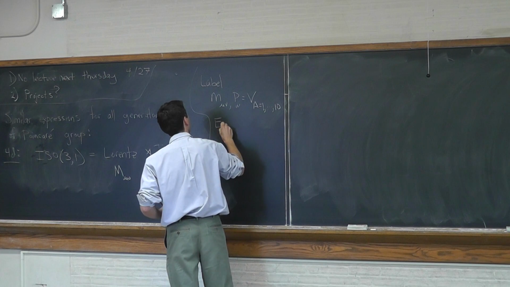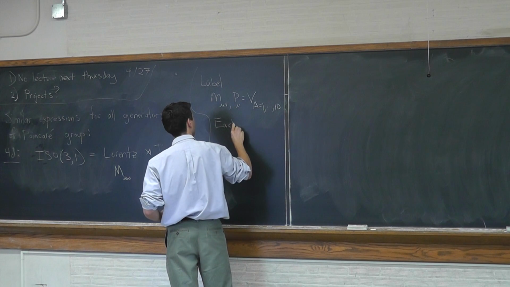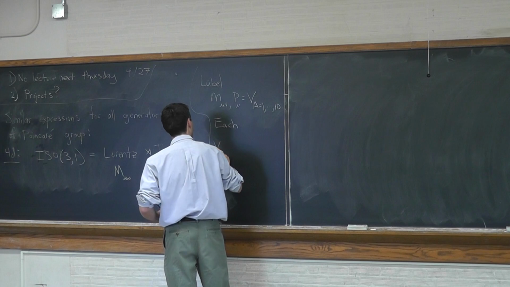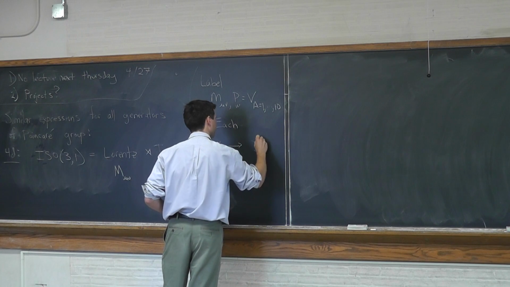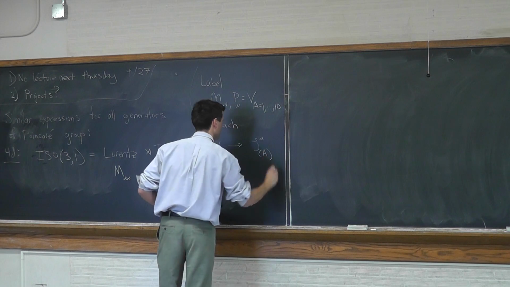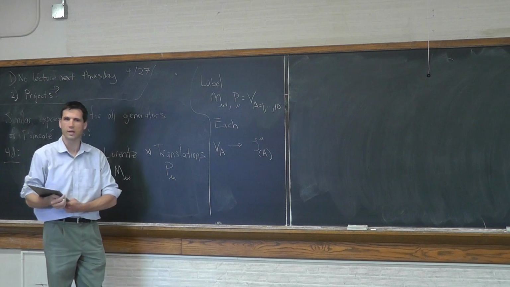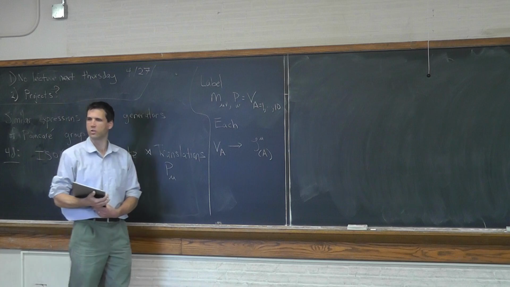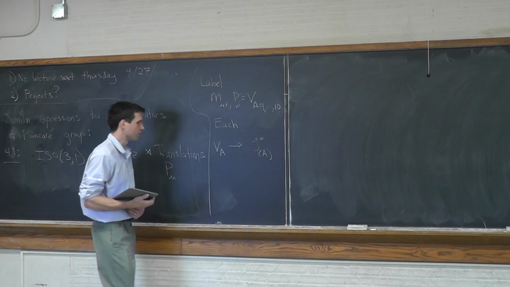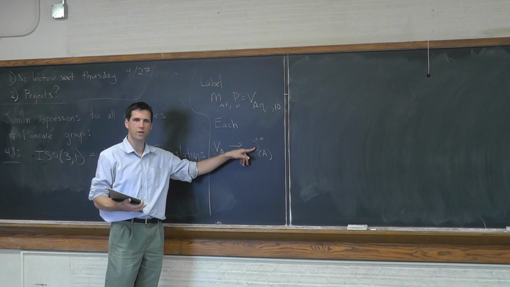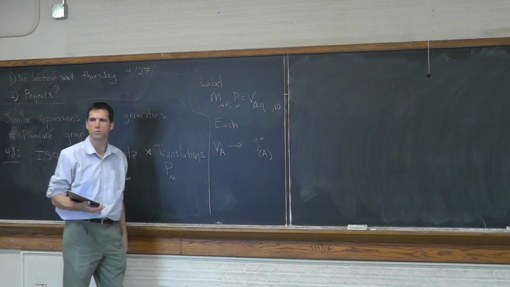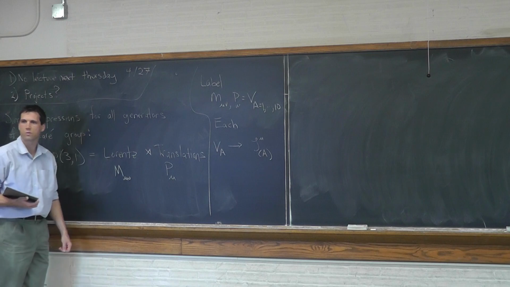So each V_A, each generator of the Poincare group, is associated to some vector field zeta, which corresponds to that generator. So the translations are just the 4 unit vectors in 4 directions, and the rotations are the usual rotation generators and boost generators.